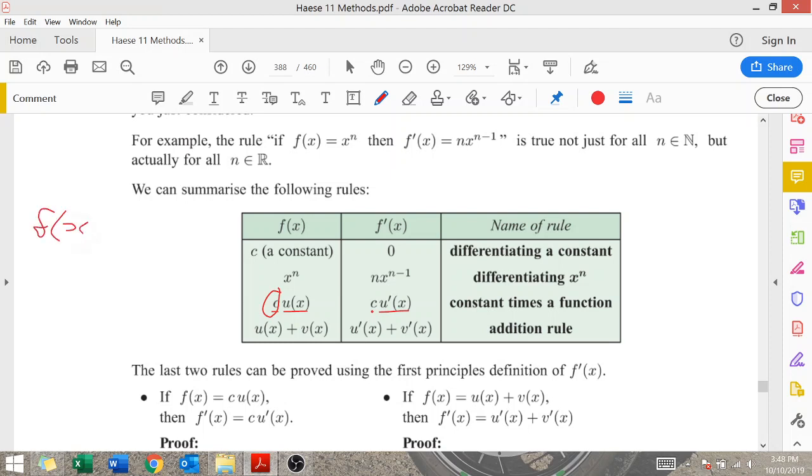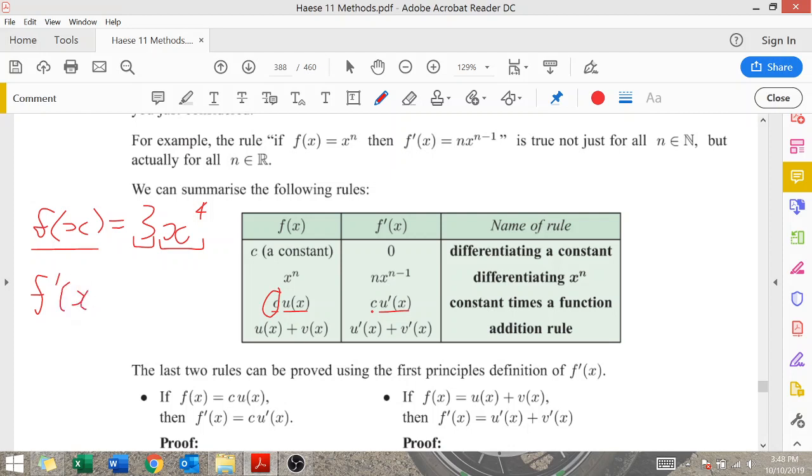So if we had f of x equals 3x to the power of 4, then here's our c, and here is our u of x. And f of x is made up of both of those things together.